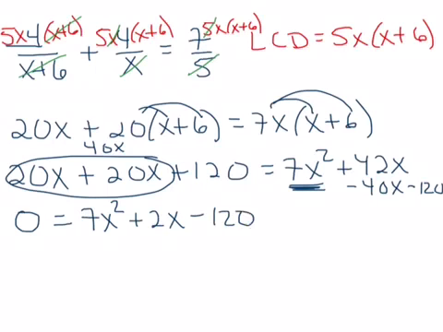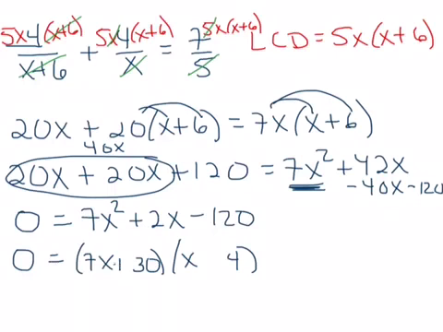This is not a pretty one to factor, but with a little bit of work, it factors to 7x and x, and a 4 and a 30 to make 120. They multiply to negative 120, so their signs are different, but they add to positive 2.